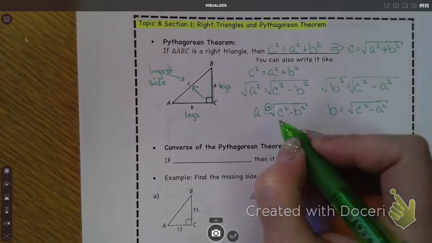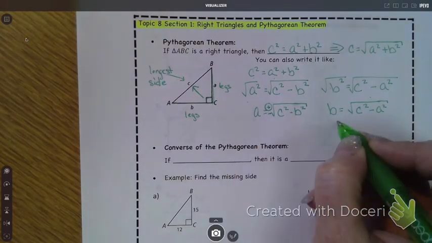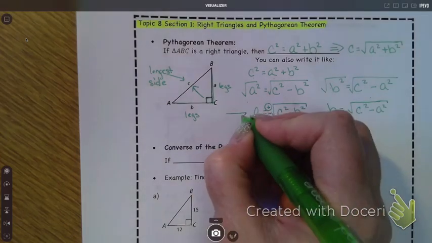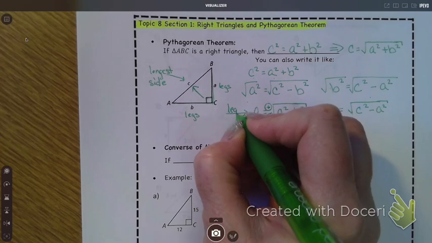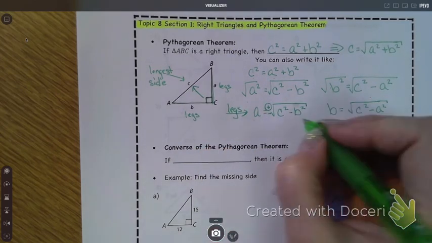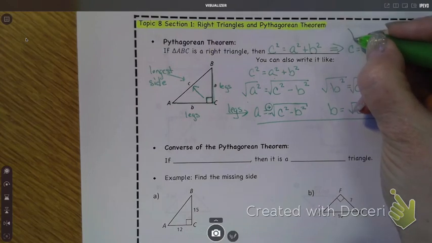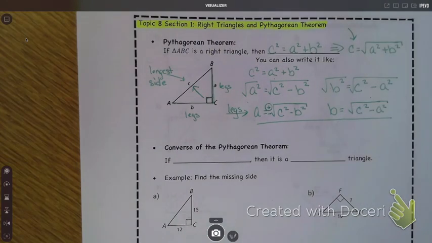Again, does it matter which one is A and which one is B? No. So, right here, we're finding legs in these two. And here we're finding the hypotenuse.